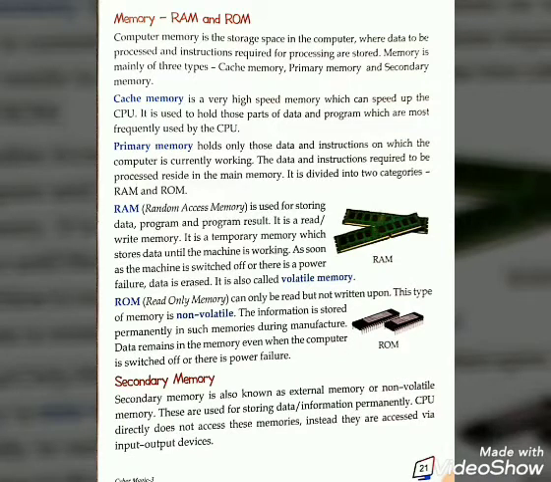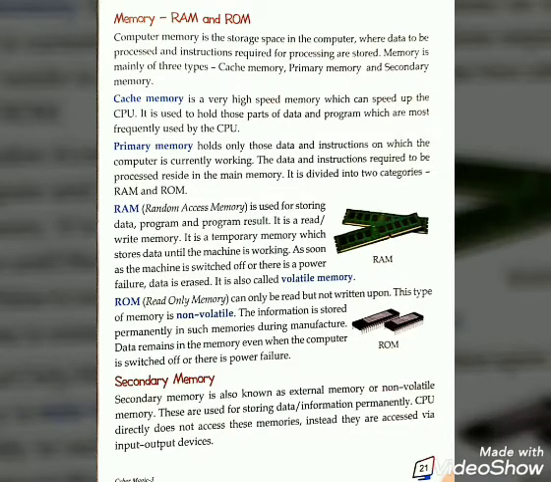The data and instructions required to be processed reside in the main memory, and main memory is divided into two categories, that is RAM and ROM. RAM means random access memory and it is used for storing data and program results. It is read and write memory.